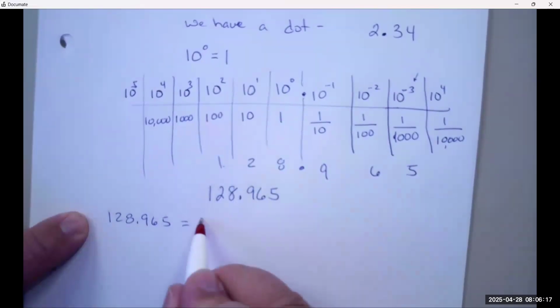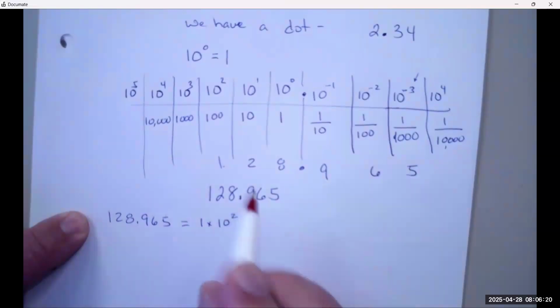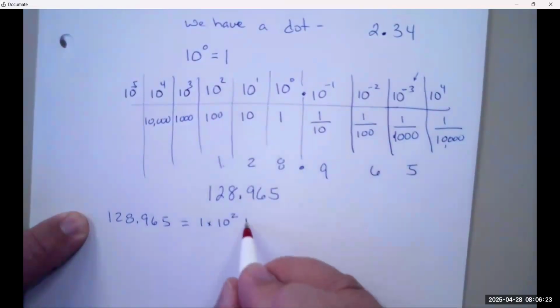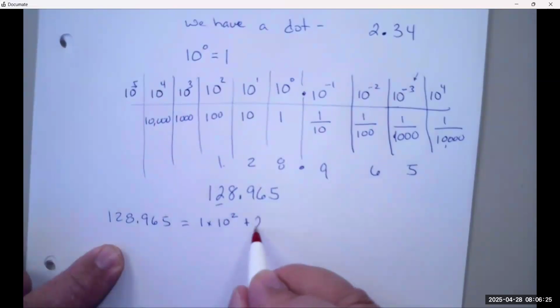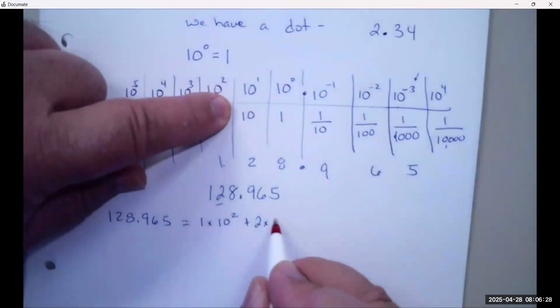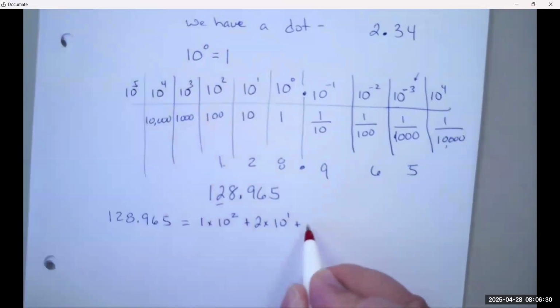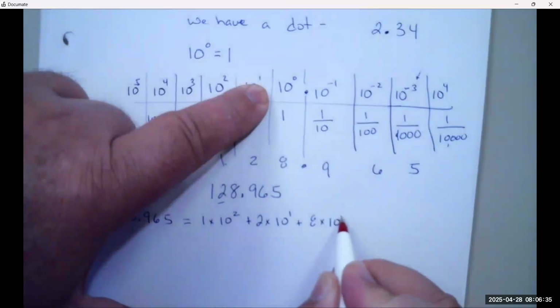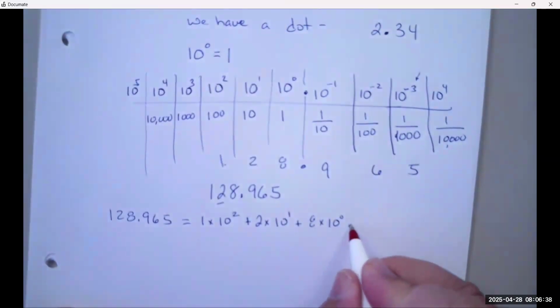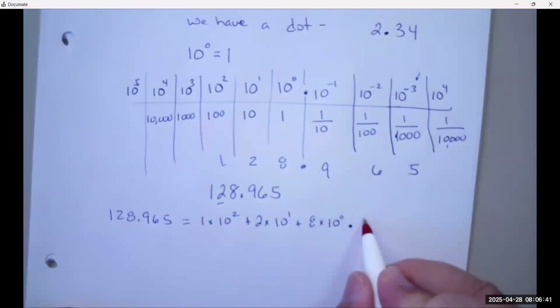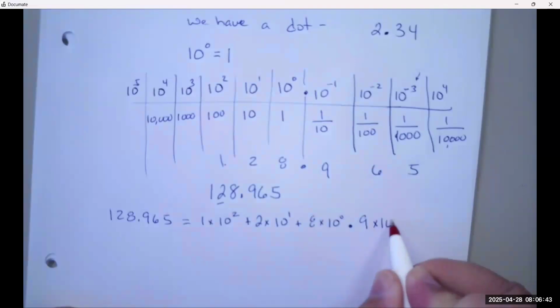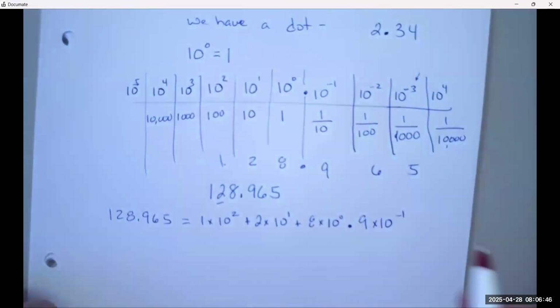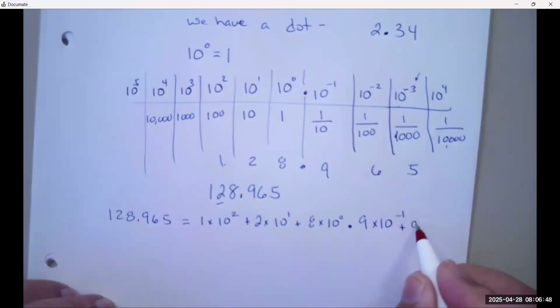It looks like 1 times 10 to the second power, plus 2 times 10 to the first power, plus 8 times 10 to the 0 power, decimal, 9 times 10 to the negative 1, plus 6 times 10 to the negative 2.